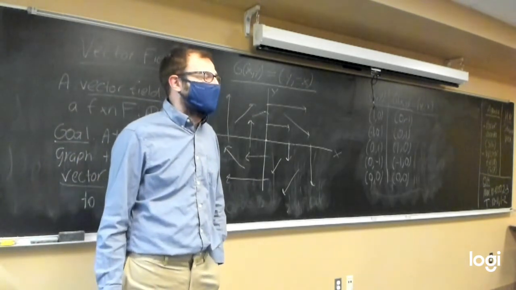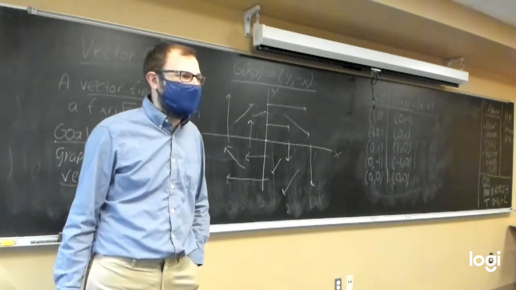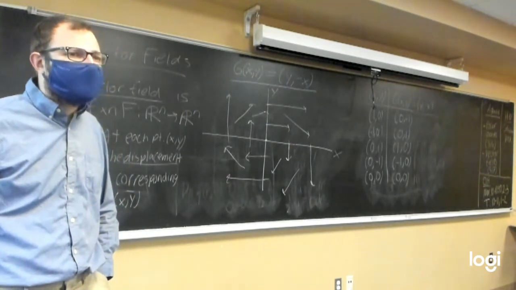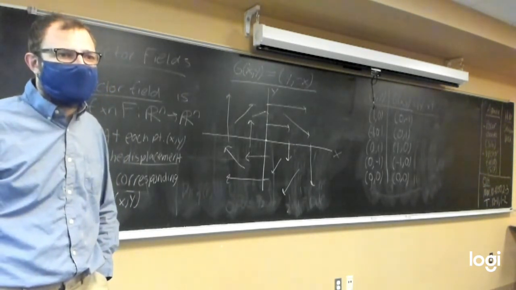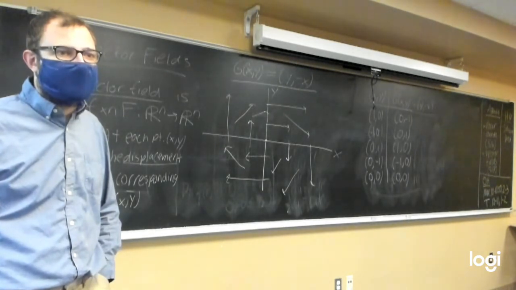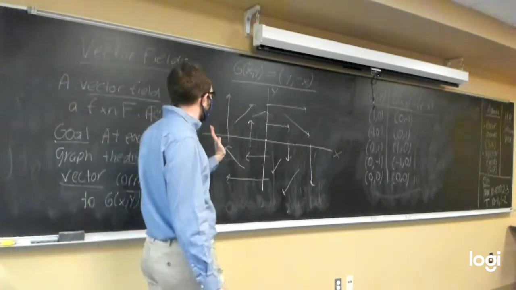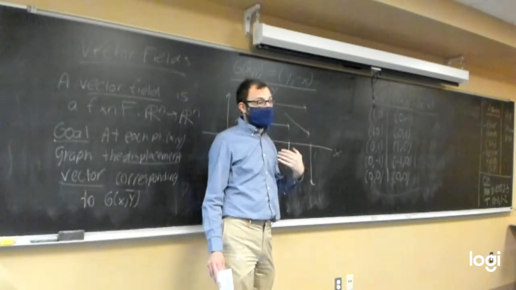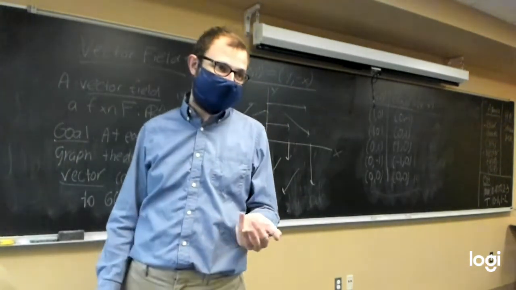Anybody see any sort of pattern in the arrows that's happening here? Yeah? They're kind of making a whirlpool. They're all going clockwise. Yeah, looks like there's some sort of clockwise circular motion going on here.